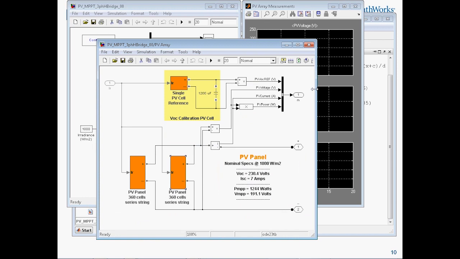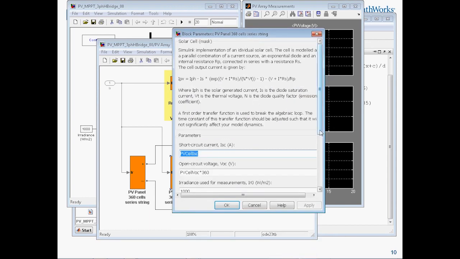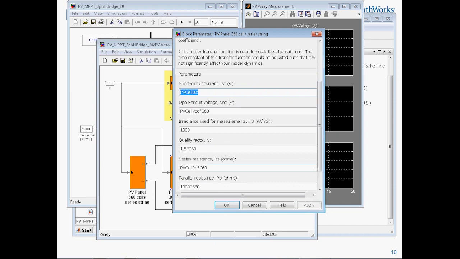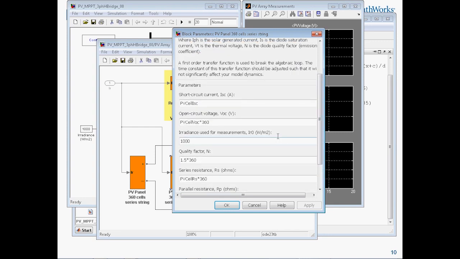And notice that in order to make it 360 cells in series, I could connect 360 of these blocks in series. But this parametrization allows me to very easily, if you notice the mask, convert this single cell into 360 cells in series by multiplying the corresponding parameters by 360, and that makes my block now 360 cells in series.